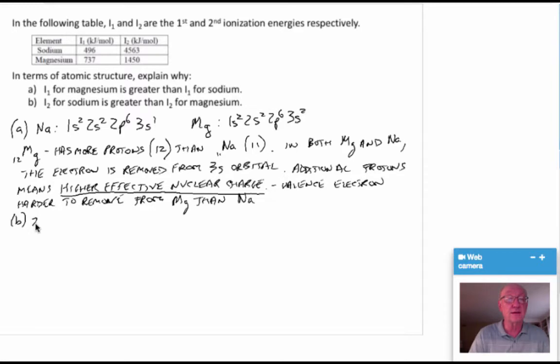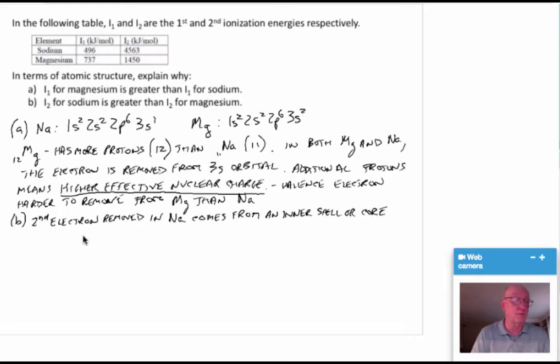So the second electron removed in sodium comes from an inner shell or core, 2p orbital.